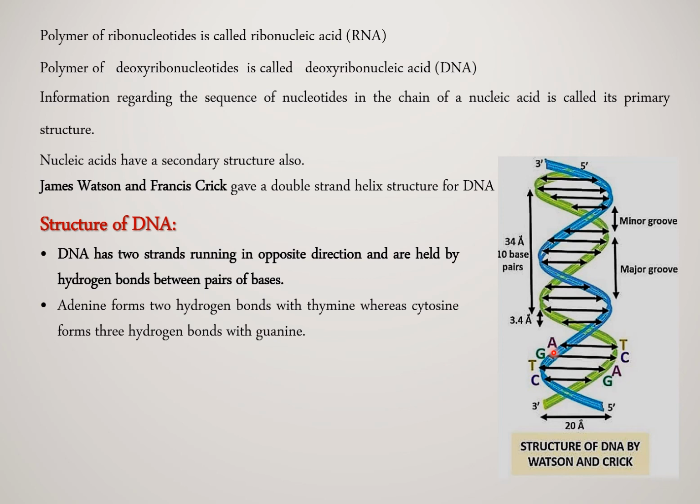It is noticed that adenine always has two hydrogen bonds with thymine, whereas cytosine will form three hydrogen bonds with guanine. So adenine and thymine, cytosine and guanine are all linked to each other through hydrogen bonds.